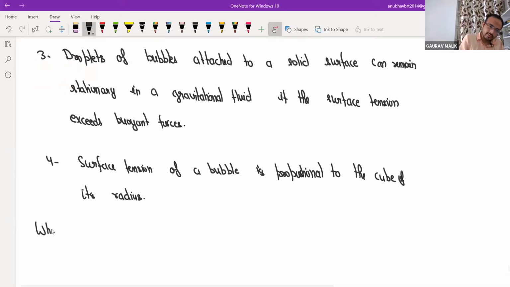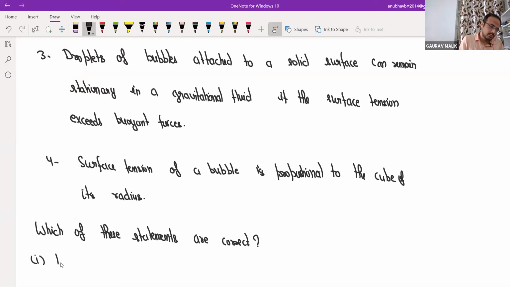Which of the above statements are correct? First option, 1, 2, 3, and 4. Second option, 1, 2, and 4 only.